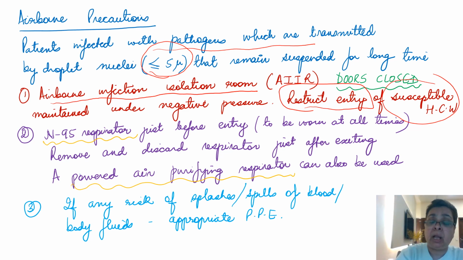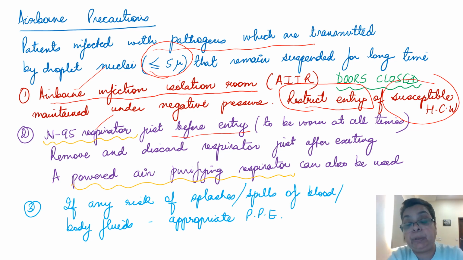And apart from this isolation of the patient, we are going to wear N95 respirator masks, okay, just before the entry. These are to be worn at all times, and remove and discard the respirator just after exiting the room. Okay, and instead of this respirator, we can also use a powered air purifying respirator.